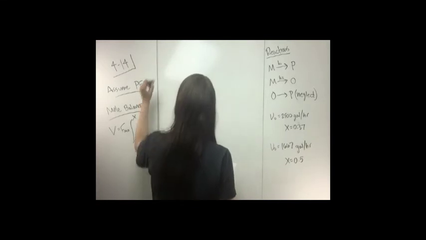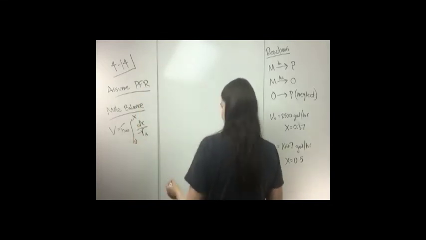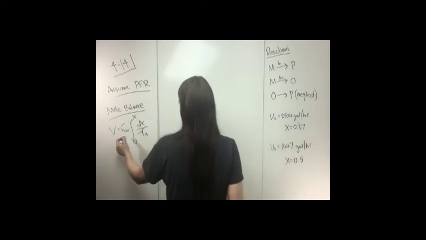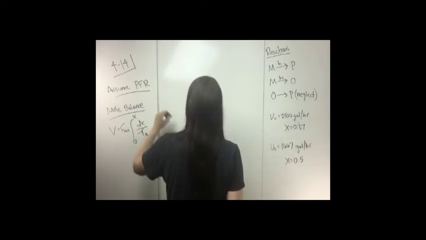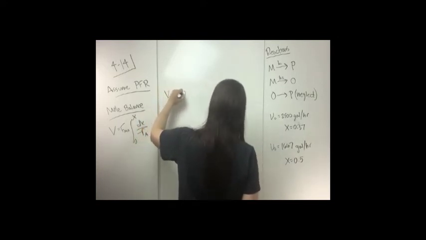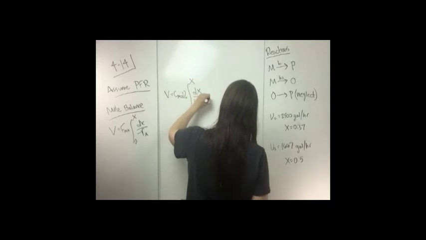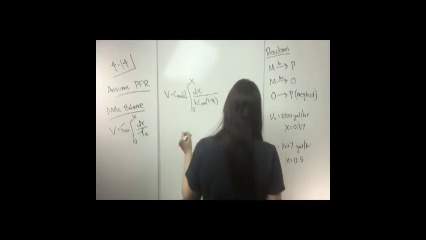If you plug in the rate that we already had and Cm naught V naught for Fm naught, then you have V is equal to Cm naught V naught, integral 0 to x dx over k Cm naught (1 minus x).